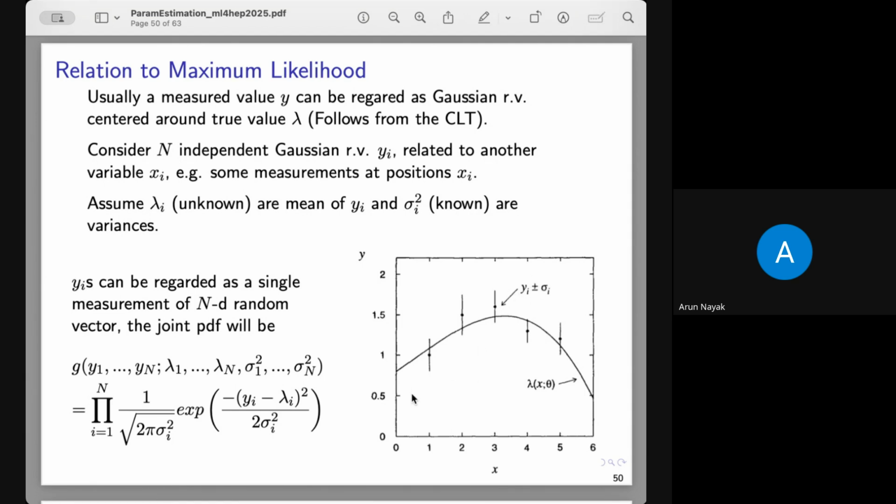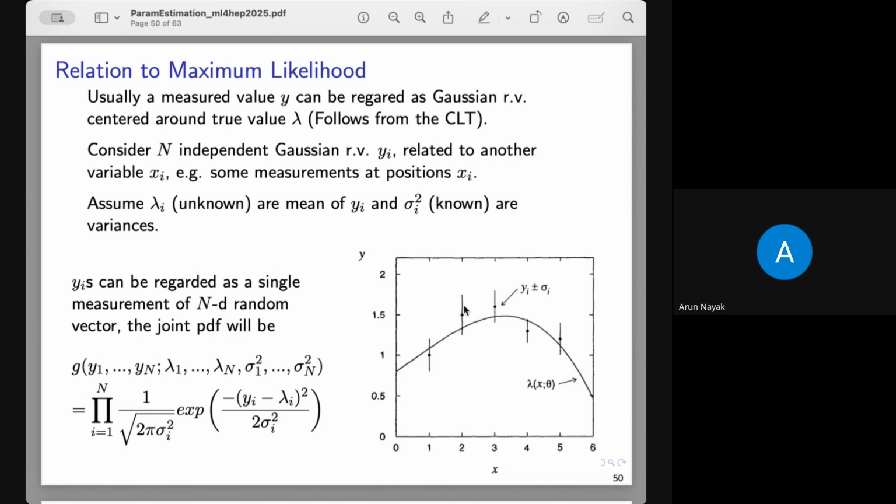Now suppose we consider that each of these yi is distributed with a Gaussian distribution, but we do not know the actual mean of the yi's, which is expected to be some lambda i, which is unknown. It has the known variance sigma squared, which corresponds to the error that is given in these measurements. The error is known for the Gaussian distribution, but the mean of this Gaussian is not known.